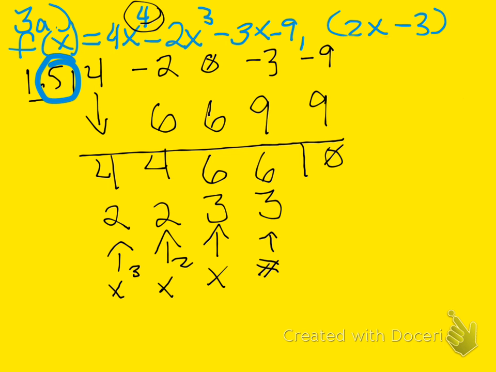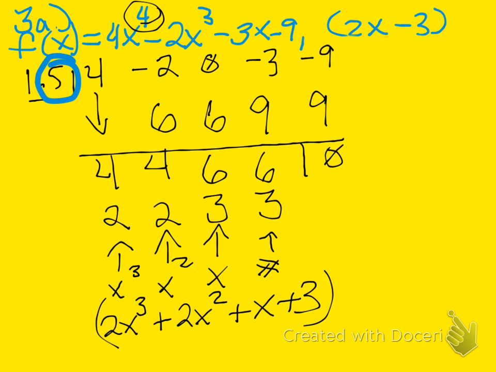And this is how I can get the same thing that I got from the first half of the problem, which is 2x cubed plus 2x squared plus x plus 3. And again, I put my original term at the top, in the front. You can always rewind back to see how to factor this again using factoring by grouping. But your final answer should be exactly the same.